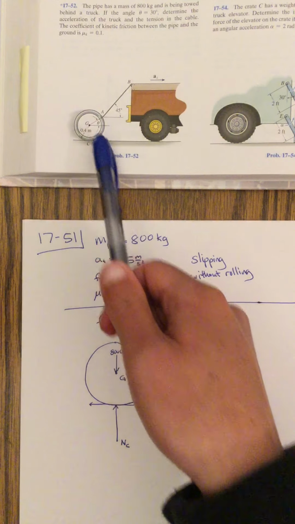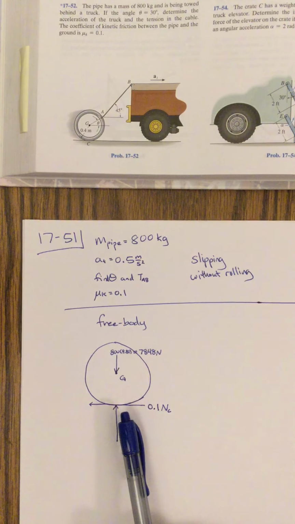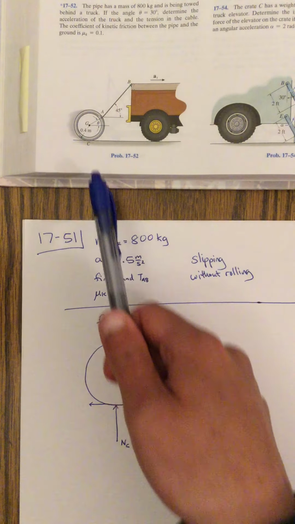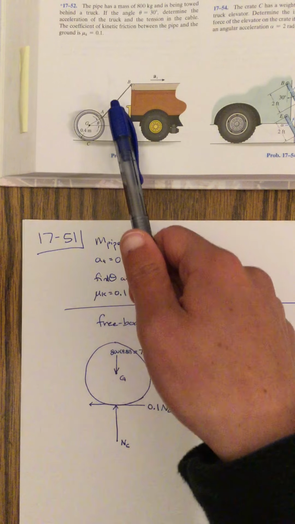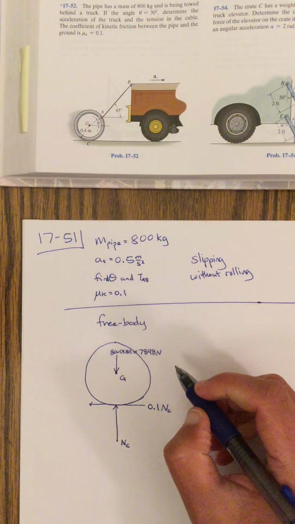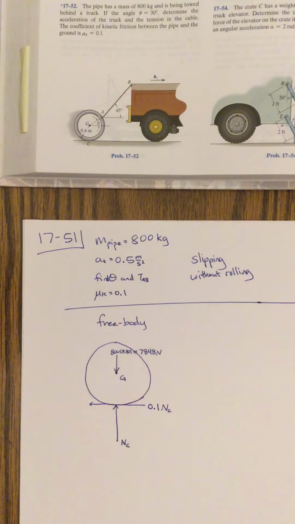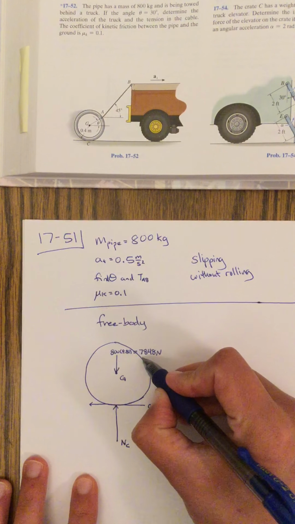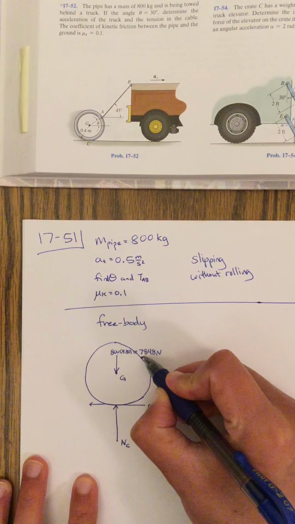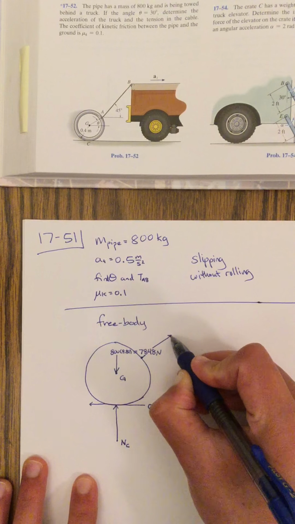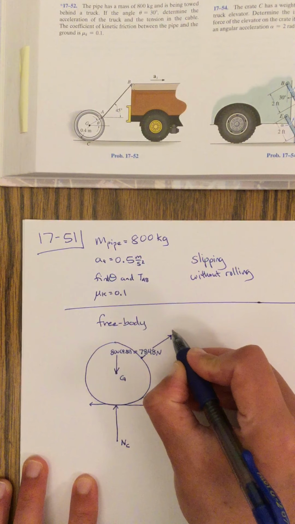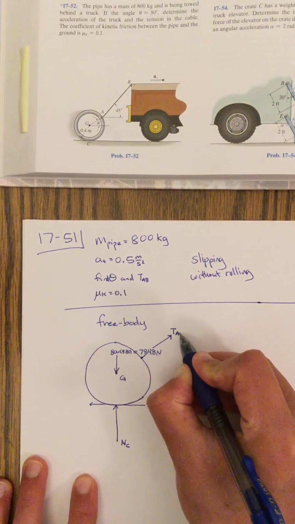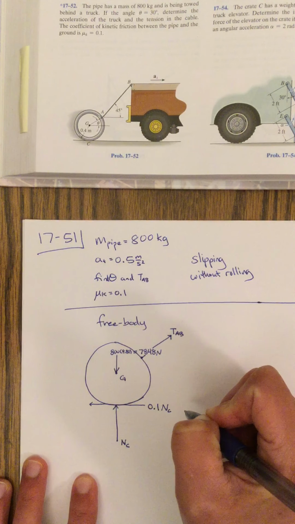And so I have a force of gravity. I have a frictional force and a normal force from the ground touching the pipe, and I also have the rope which is touching the pipe, and that exerts a force on the pipe, and that's acting over here. And this is the tension in cable AB.